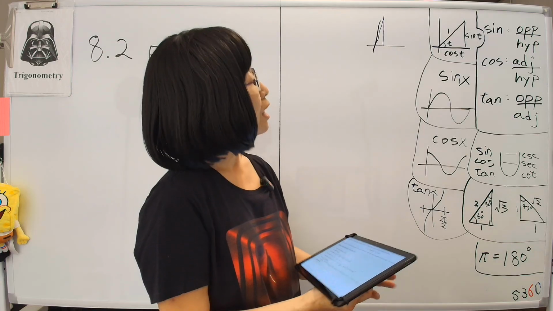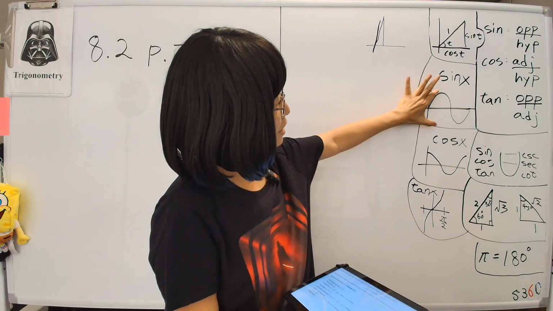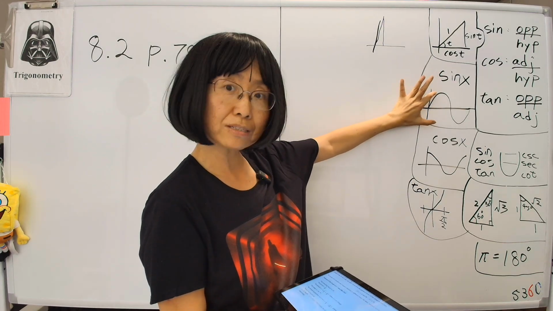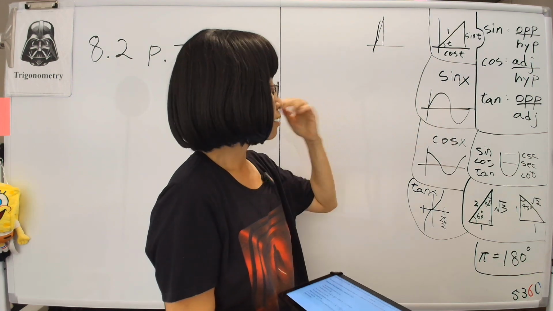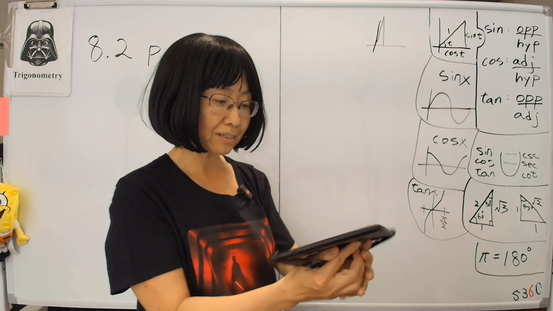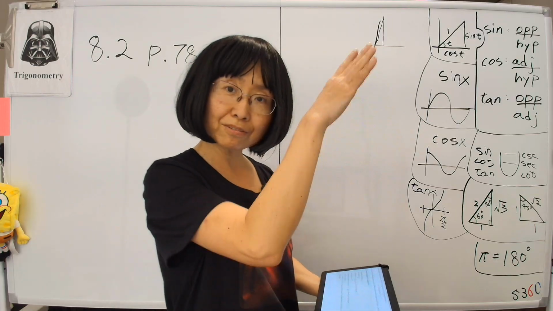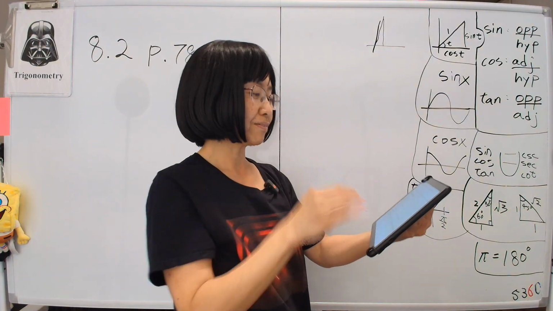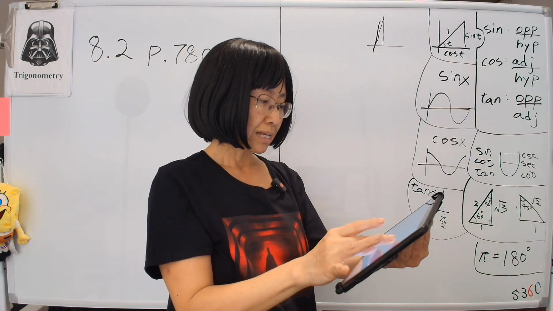And as to the range, sine and cosine only go from -1 to 1, whereas tangent goes to infinity in both directions, so the range can be anything, from positive infinity to negative infinity.